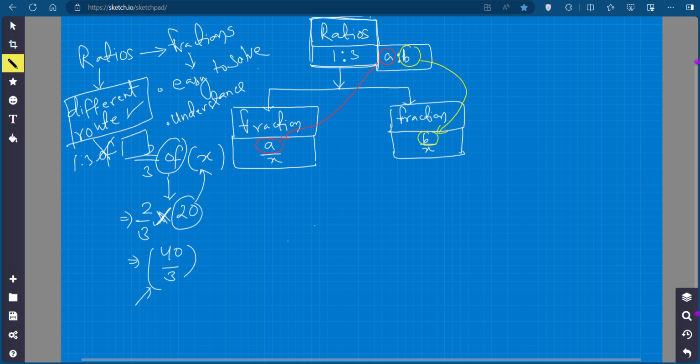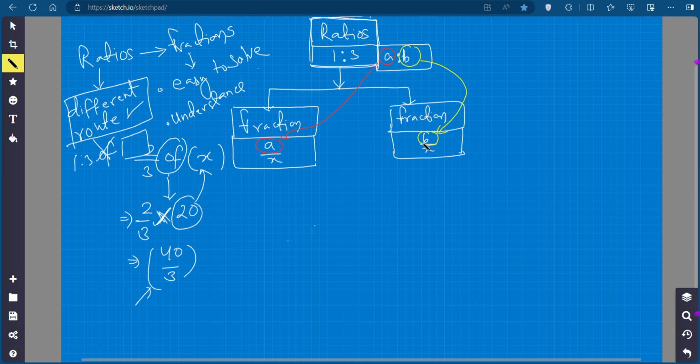And what we will try to do is change our ratio 1 colon 3 into something like this. Now focus on this line. Suddenly this colon changed into two lines, two dividing lines.